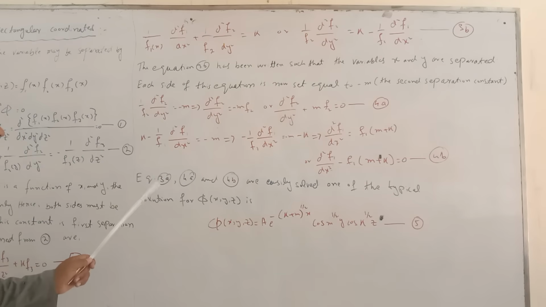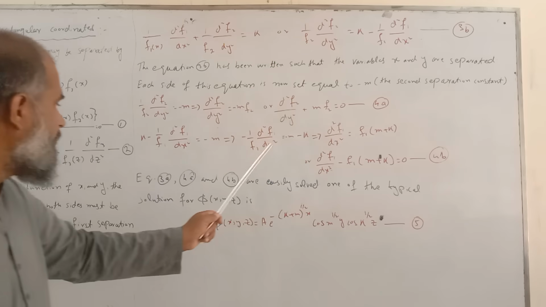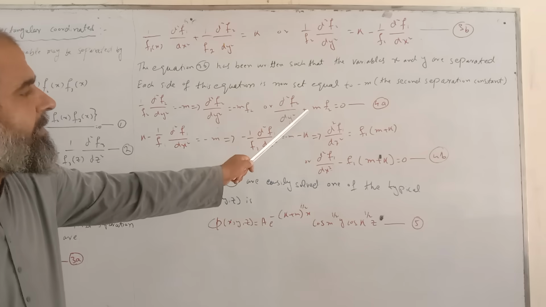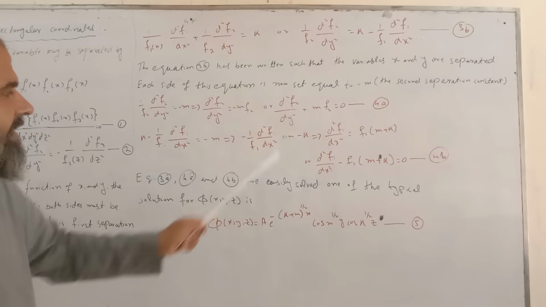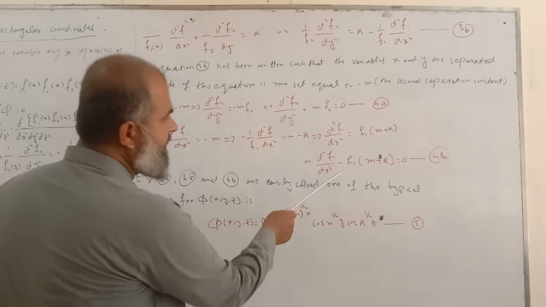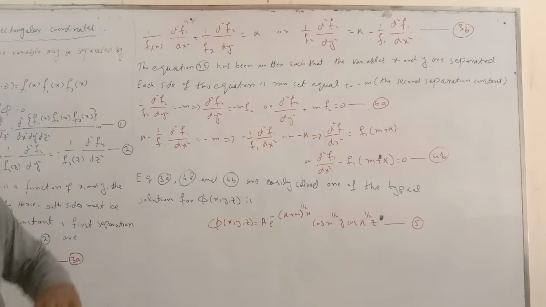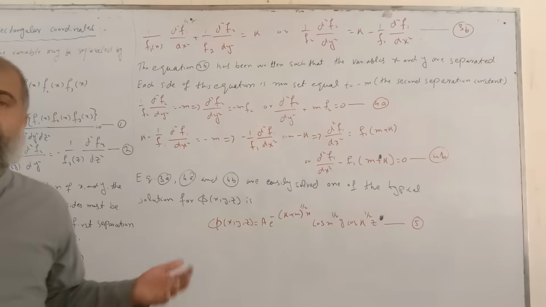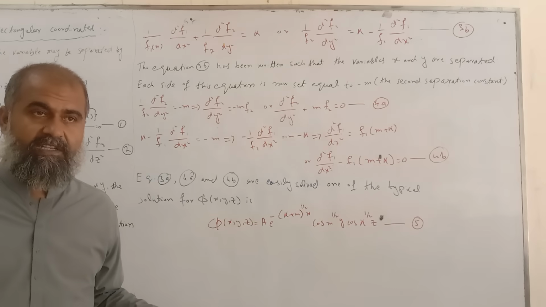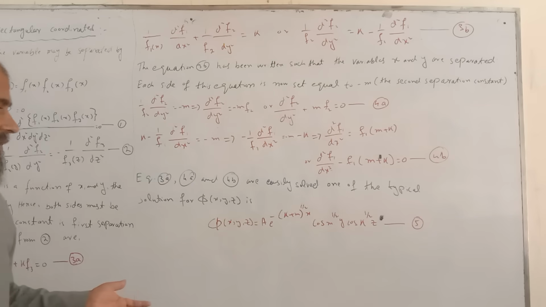Equation 3a depends upon z only. Equation 4a consists only of y. Equation 4b consists only of x. We have separated it into the three coordinates of the rectangular coordinate system.